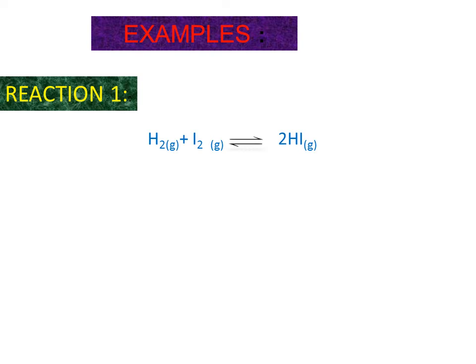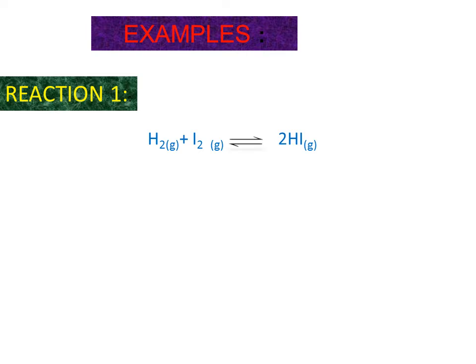Okay, so now look at the examples. We will give two examples of chemical equilibrium. The first reaction is when 1 mole of hydrogen reacts with 1 mole of iodine, it will give us 2 moles of hydrogen iodide. You can see here the reversible reaction arrows.